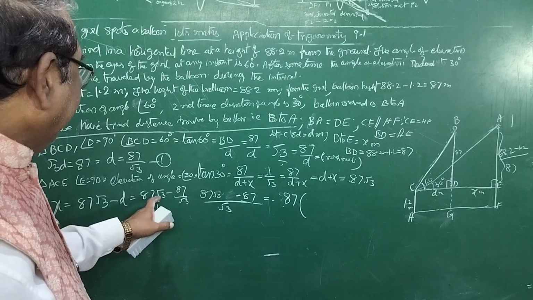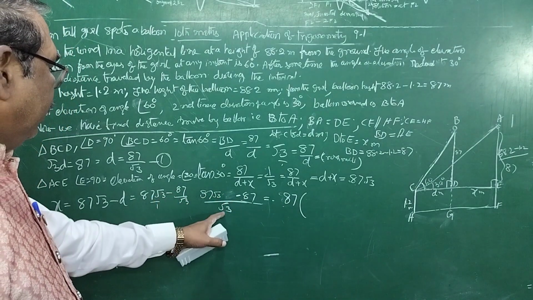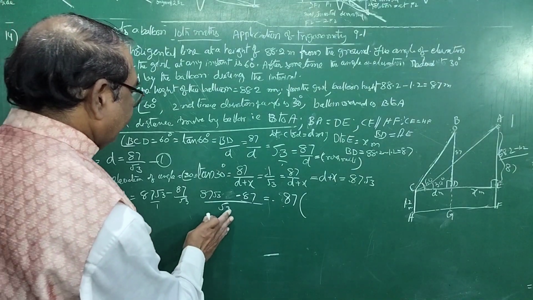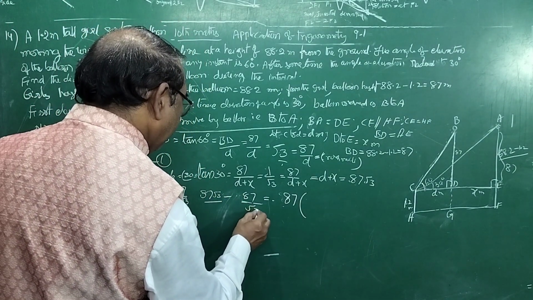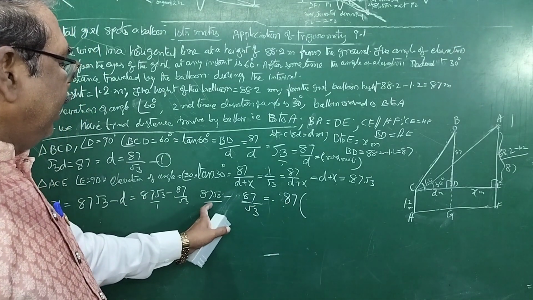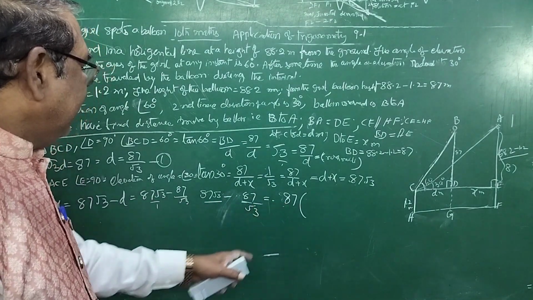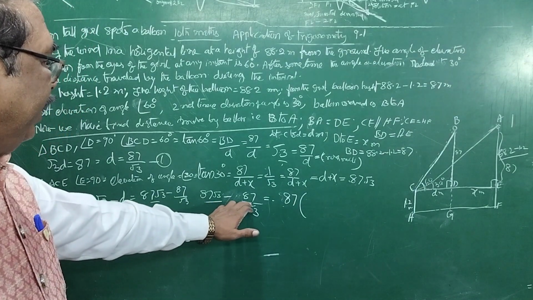Now you see 87 into root 3 minus 87 by root 3. In this and in this, 87 is common. We did not do anything else, same as we have written here.